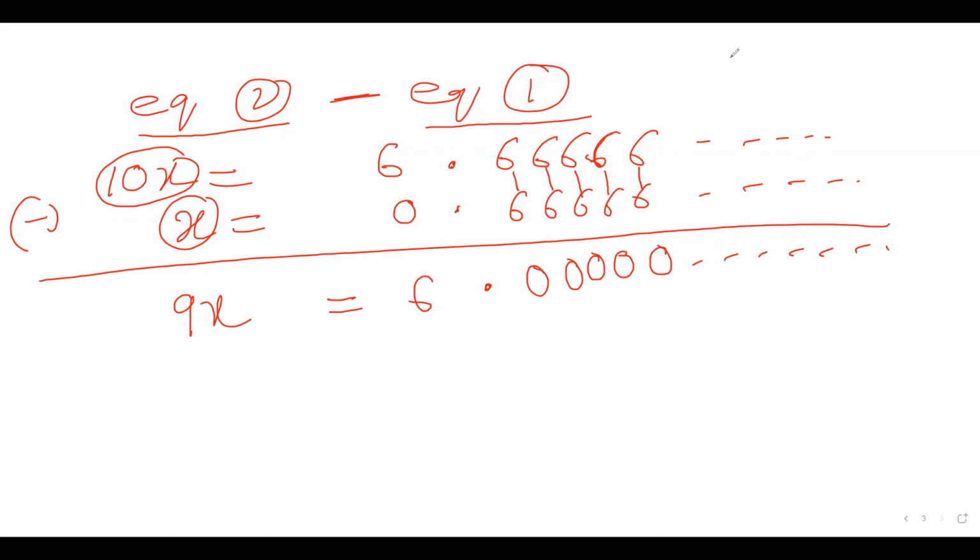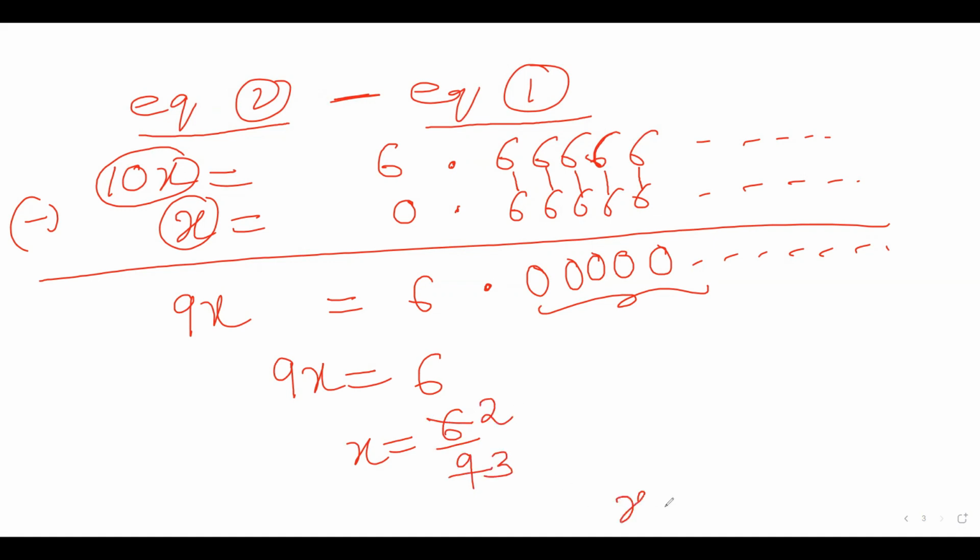There is no value for zeros after the decimal point, so you can neglect all these zeros and write down just 6. x is equal to 6 by 9. 3 twos are 6, 3 threes are 9. So I got p by q form, which is 2 by 3. So I have converted 0.6 bar into p by q form, and my answer is 2 by 3. You can even verify this by dividing 2 by 3.